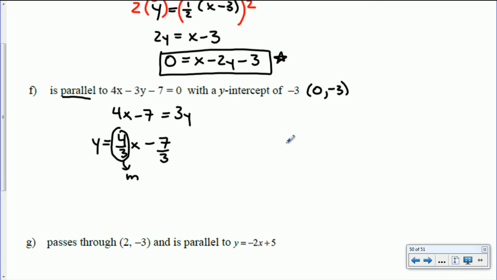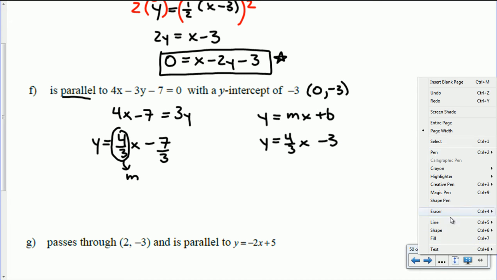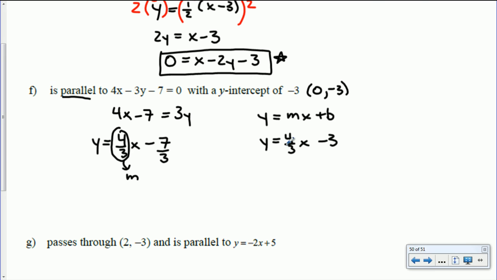So 4/3 is my required slope for the line that I'm about to draw. So I guess we can use slope y-intercept form. That's pretty convenient because we have the y-intercept, so that's negative 3. So y equals 4/3 x minus 3. I want to get rid of the denominator, because in general form I cannot have fractions hanging around. So multiply everything by 3.